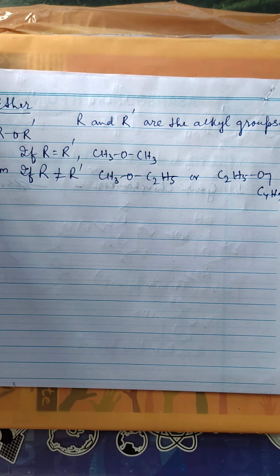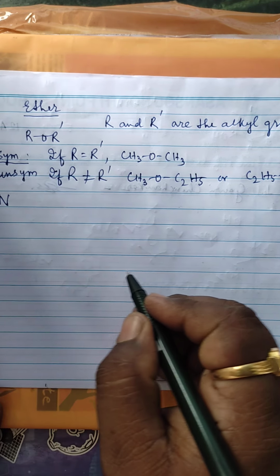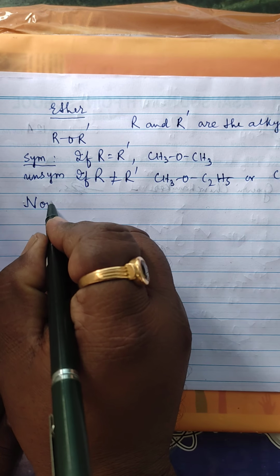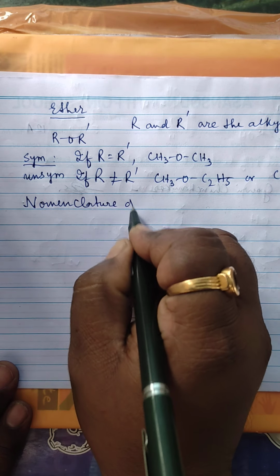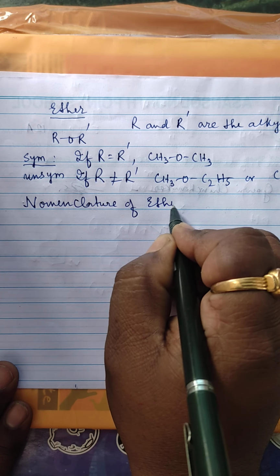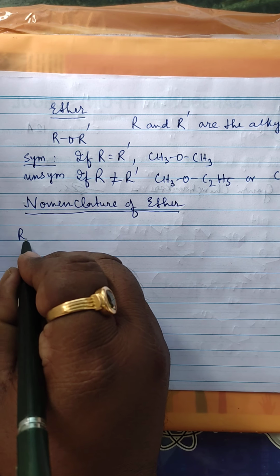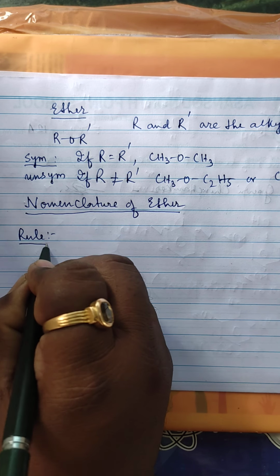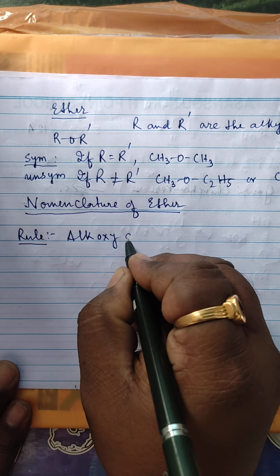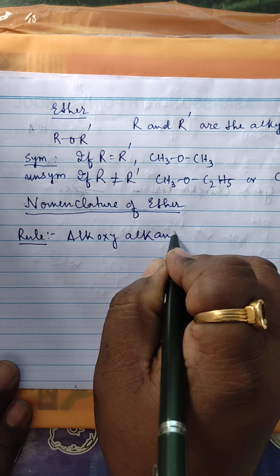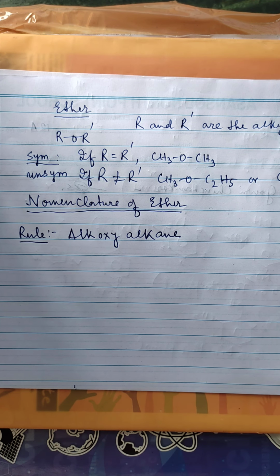Now about the nomenclature of ether. The rule of naming an ether is alkoxyalkane.